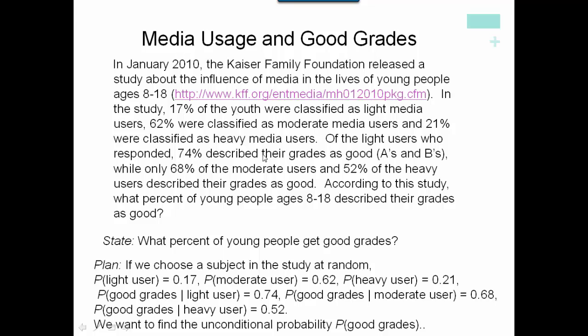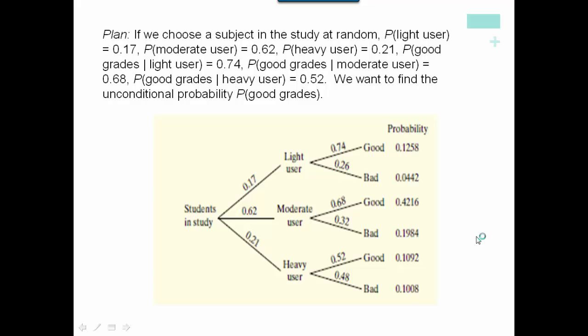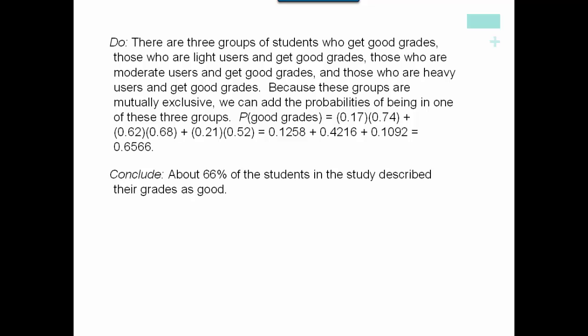So this is all from the data. We want to find the unconditional probability. If we choose a subject in the study at random, and we want to find the unconditional probability, where the tree diagram was on the previous slide, we can add the probabilities of being in one of the three groups. So we have to multiply the numbers together first for each of those combinations, and then add them all together when we're done.